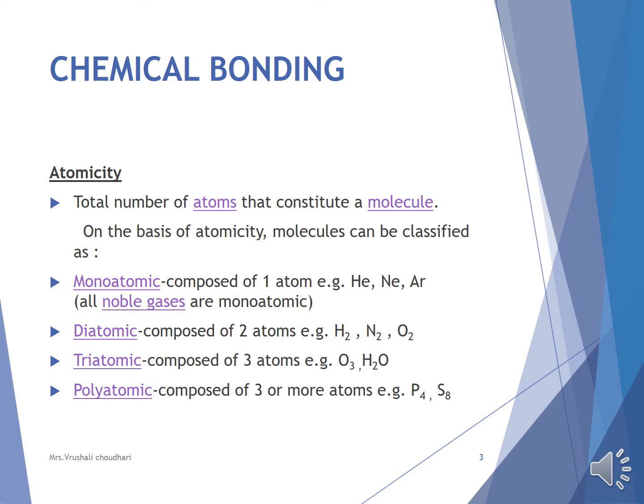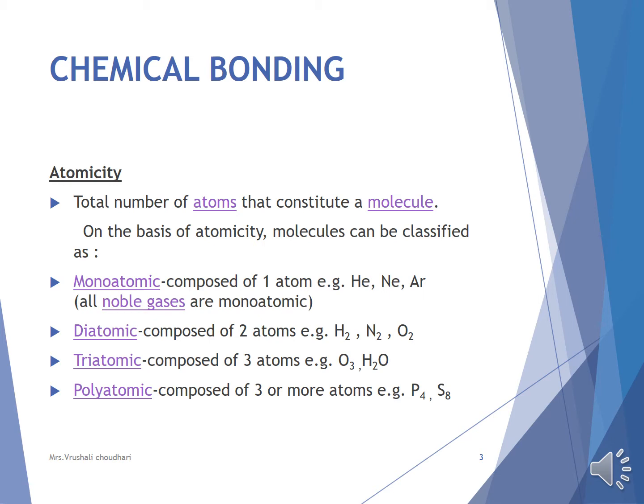What is chemical bonding? Do you know how many elements are present in the periodic table? The number of elements present in the periodic table is limited, but the number of molecules present in the world is in lakhs.